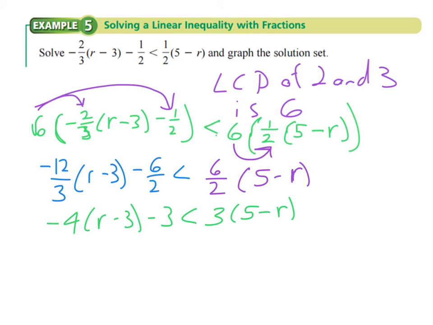So we've gotten rid of all those fractions though, so that is nice. Now we just need to distribute and simplify, and we'll be just about ready to finish solving this one. So at this point, distributing through, we get negative 4r plus 12 minus 3 is less than 15 minus 3r. The left side I can combine some like terms there.